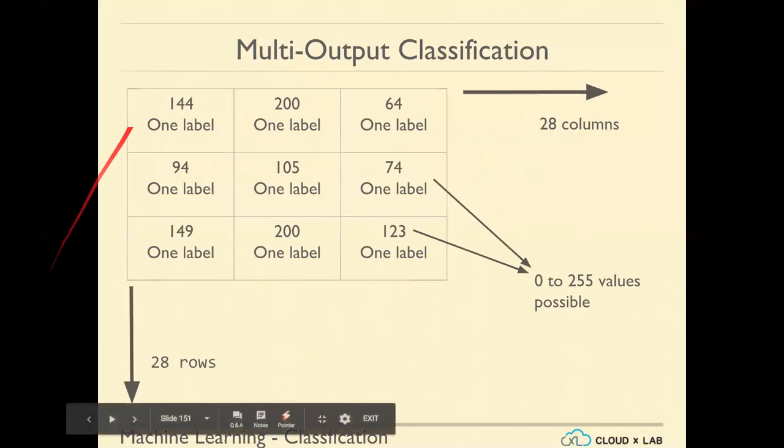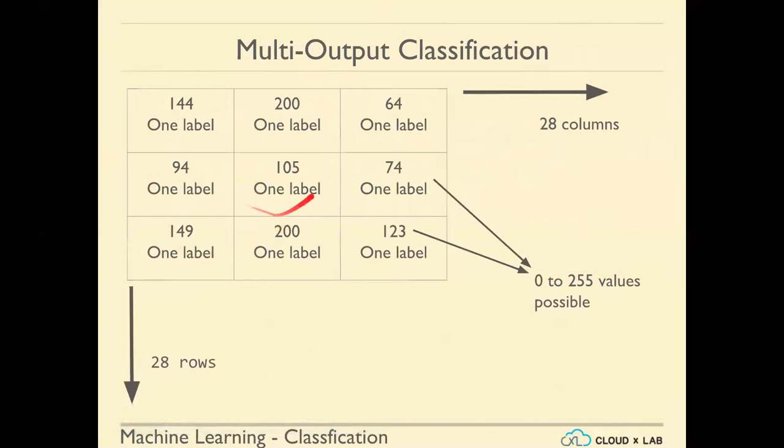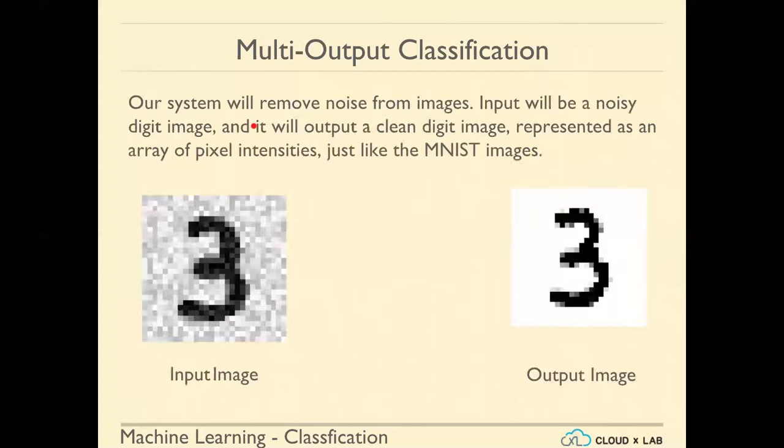We have a matrix here, which is going to be the output, whereby each record is going to be an image, and each value is basically one label, and that value has values from 0 to 255. So our system will basically remove the noise from here.